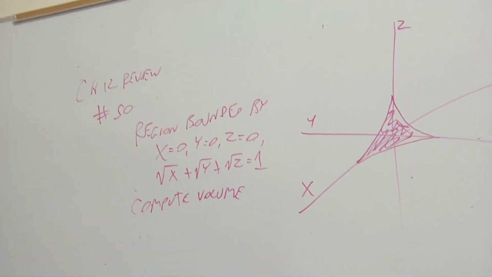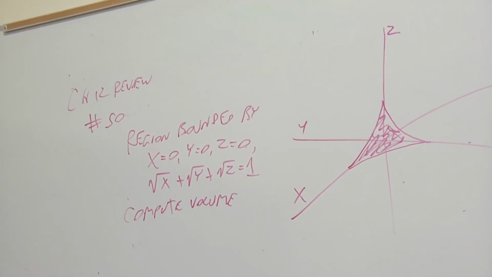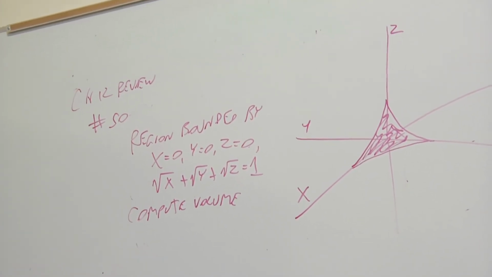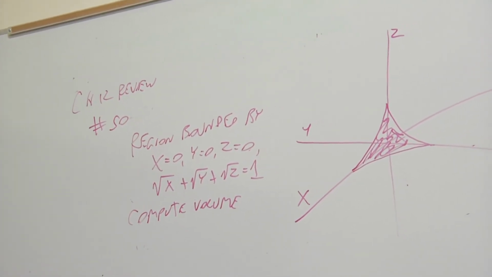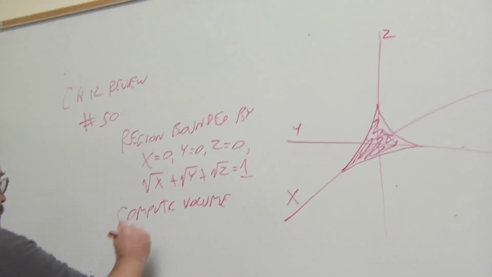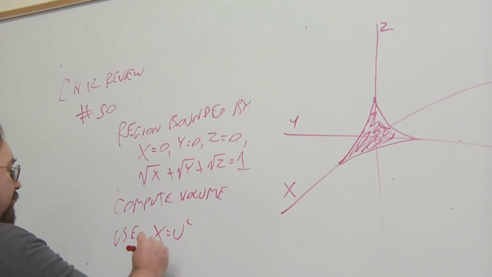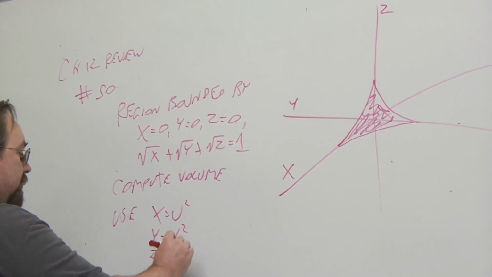All right. Now, that's going to be a bit of a pain to set up the limits for that. So we're going to use a change of variable. So the change of variable is going to be x is u squared, y is v squared, z is w squared.